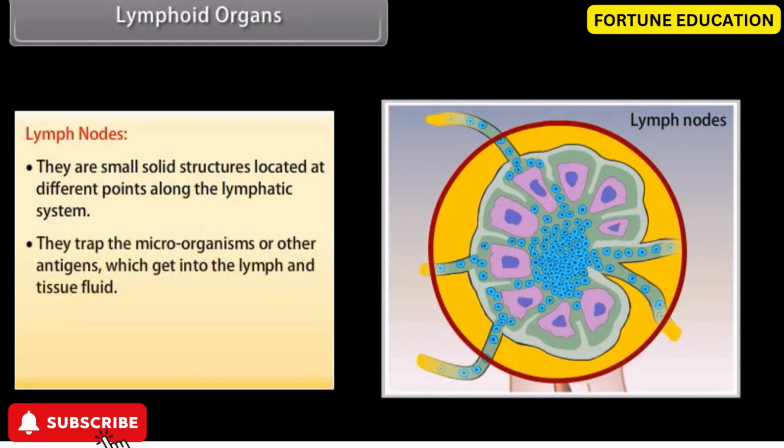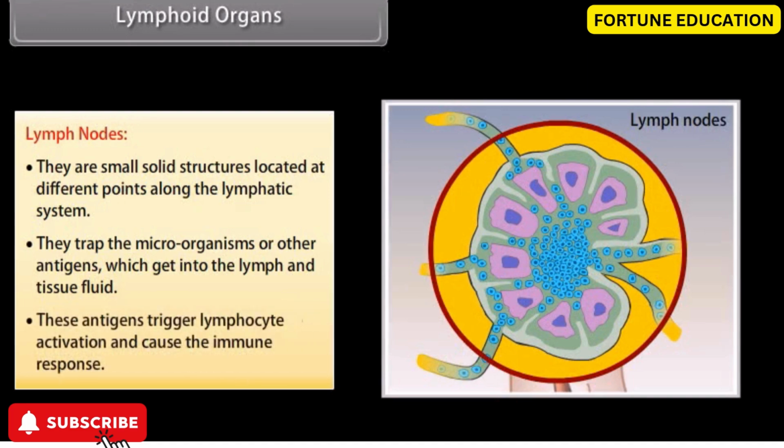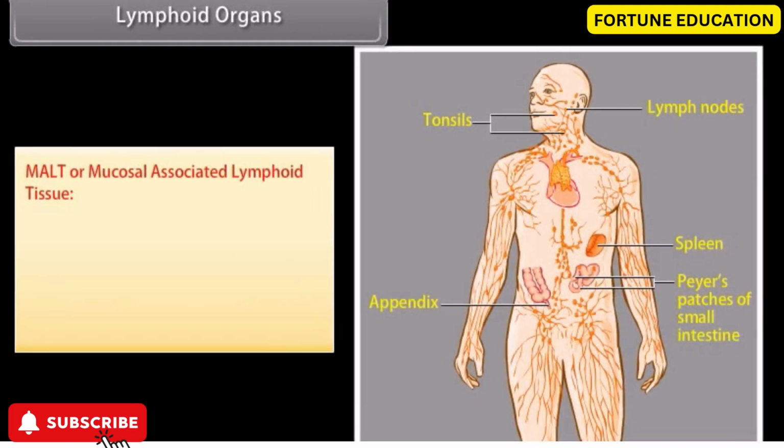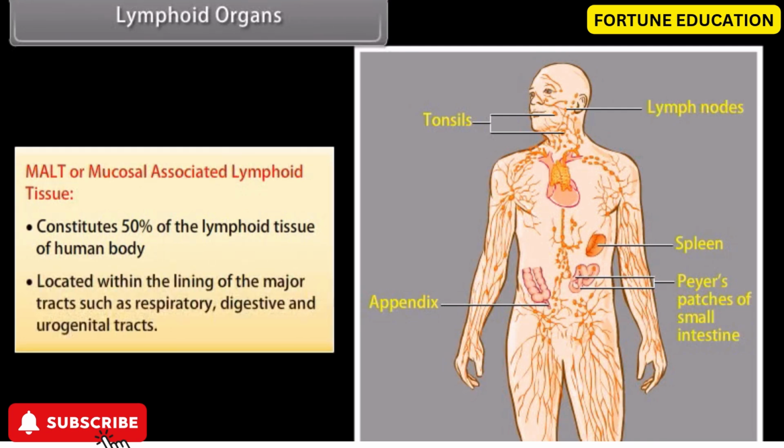They trap the microorganisms or other antigens which get into the lymph and tissue fluid. These antigens trigger lymphocyte activation and cause the immune response. MALT, or mucosal associated lymphoid tissue, constitutes 50% of the lymphoid tissue of the human body. It is located within the lining of the major tracts such as respiratory, digestive and urogenital tracts.